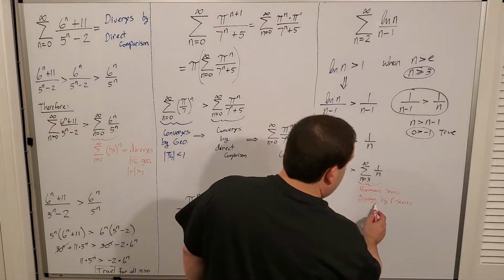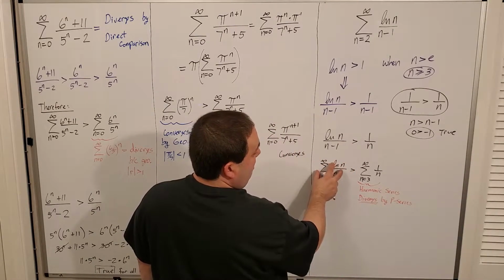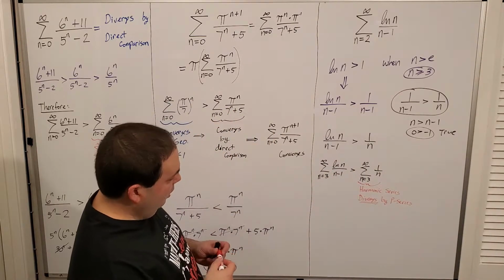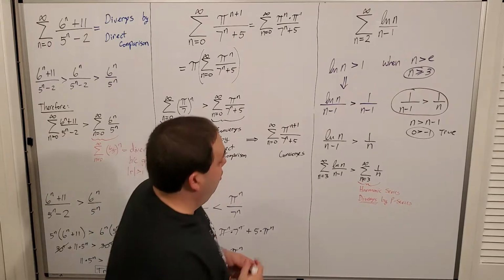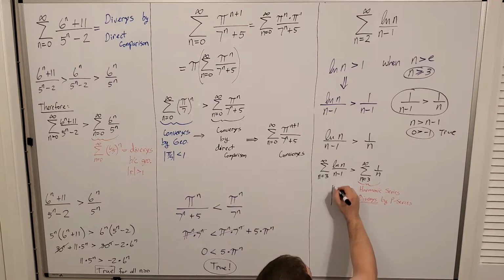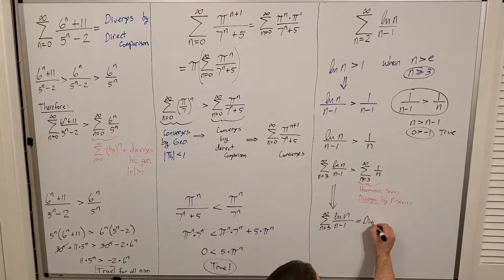Okay? So this one diverges. And we just showed that this sum is greater than that sum. Okay? So therefore, I can then say that this one, ln n over n minus 1, diverges by comparison.